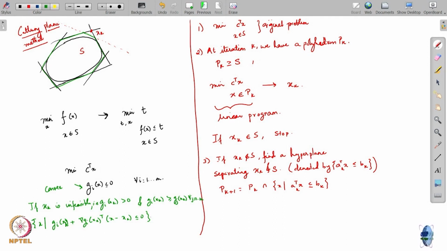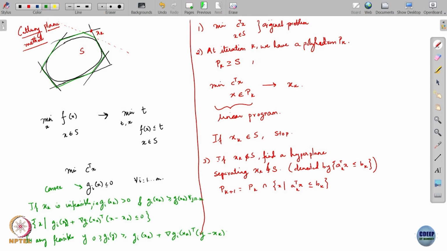Now, why is this a separating hyperplane? The reason is that if I take any feasible point, any feasible y, it must be that g_i(y) is less than or equal to 0, and by convexity it also has to be greater than or equal to g_i(x_k) plus gradient of g_i(x_k) transpose (y minus x_k), right.